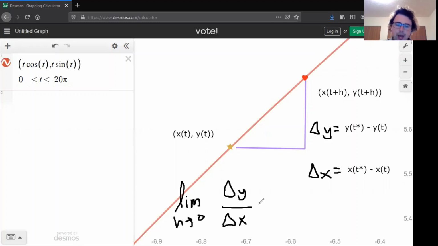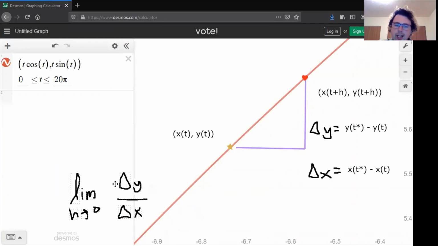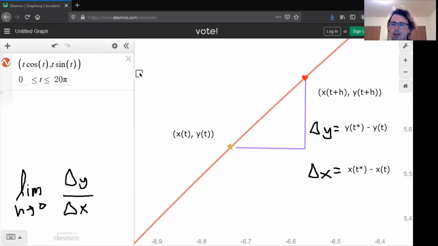Not bad, not bad. Let me play around with this some more. If I can get this limit to look like derivatives, then everything that I know about derivatives will work here. Does that make sense? We know how to handle certain limits of difference quotients.